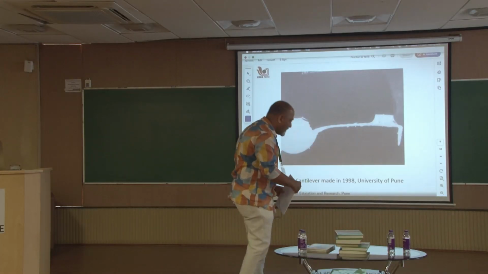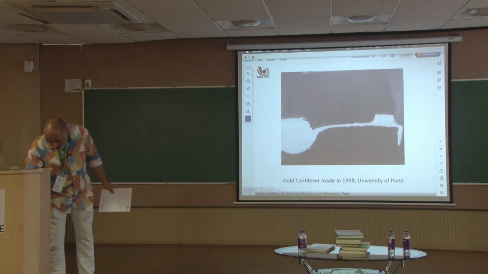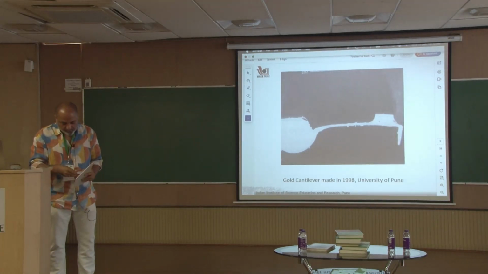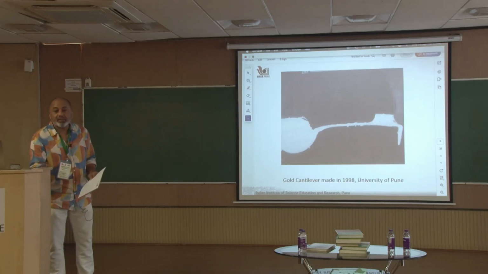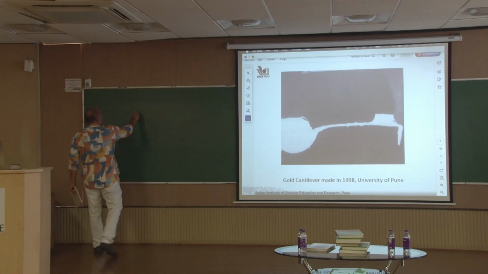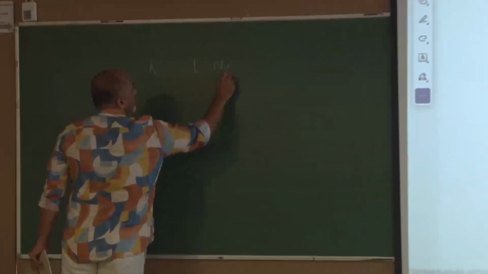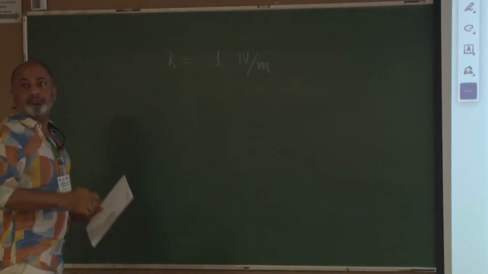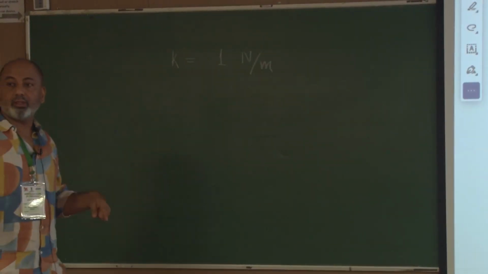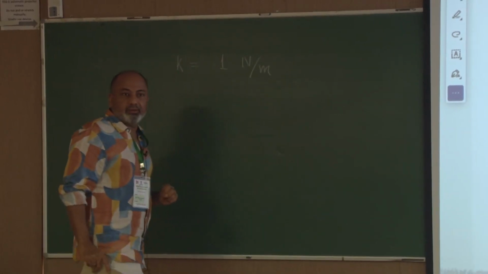I will write it down here. So for instance, I aim to get 1 Newton per meter stiffness. So my K should be about 1 Newton per meter. This is visible to everyone? This is not coming in the way, no? Yeah. So this is what I desire to get.